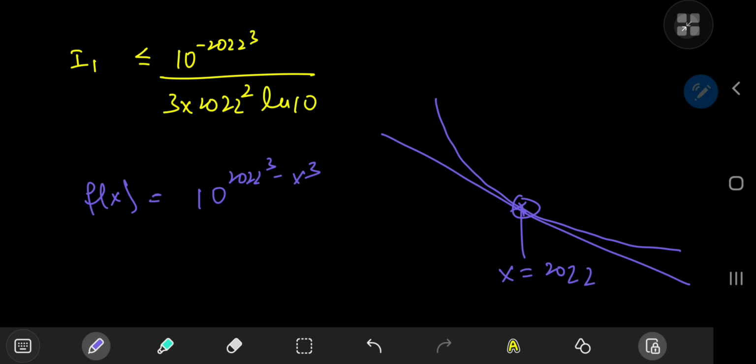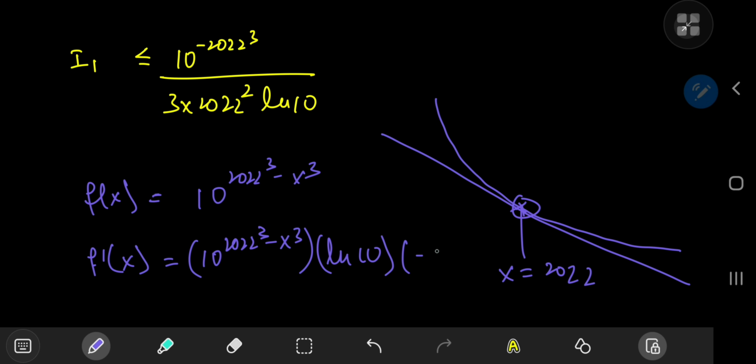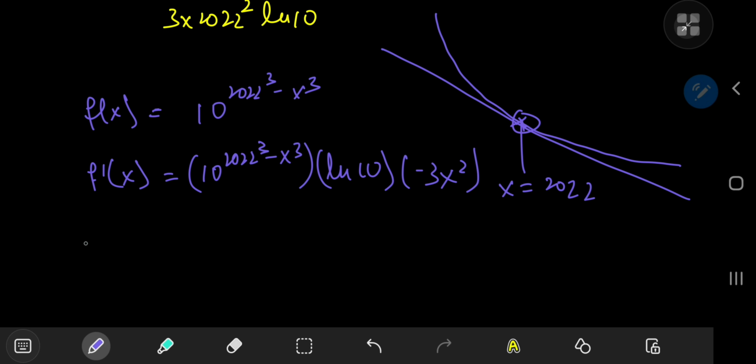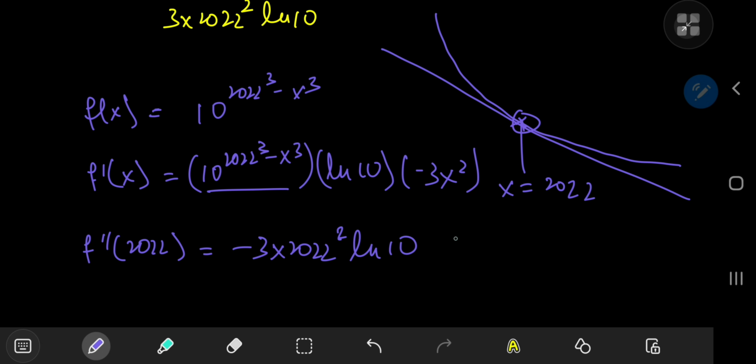So for the linearization, I'm going to need the derivative here. So f prime equals the repeated function times log 10, and because of the chain rule, you're going to have a negative 3x squared here. So the derivative at 2022 equals, this term gives you a 1, and you're left with negative 3 times 2022 squared times log 10.